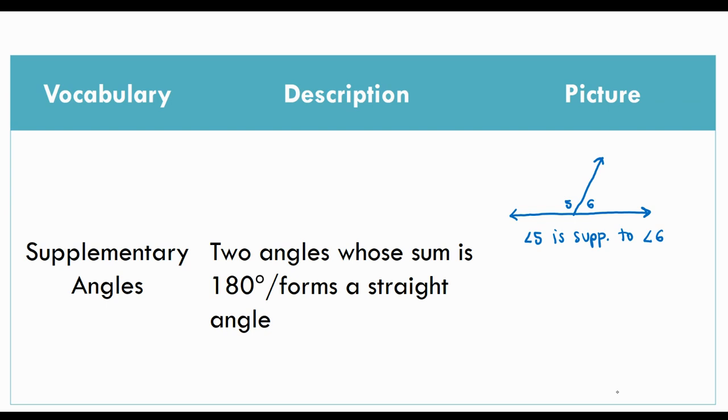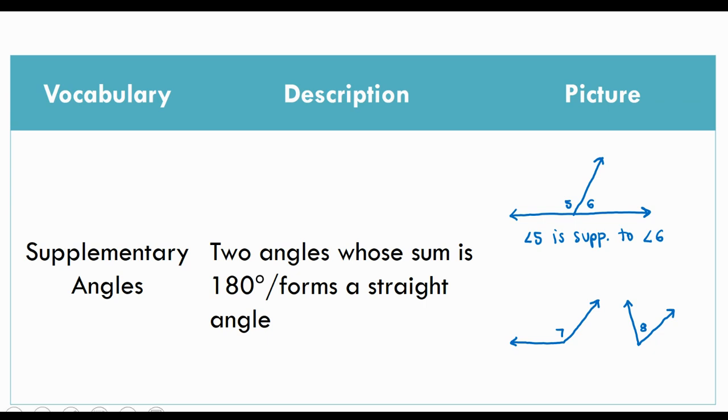Just like our last concept with complementary, we don't necessarily have to have two angles that are absolutely touching one another. So say I have these two angles, angle 7 and angle 8. They might not be connected.